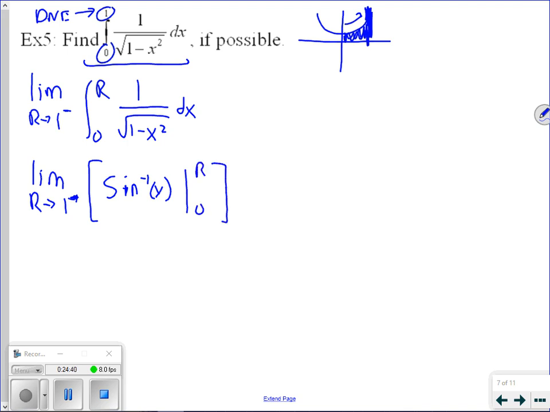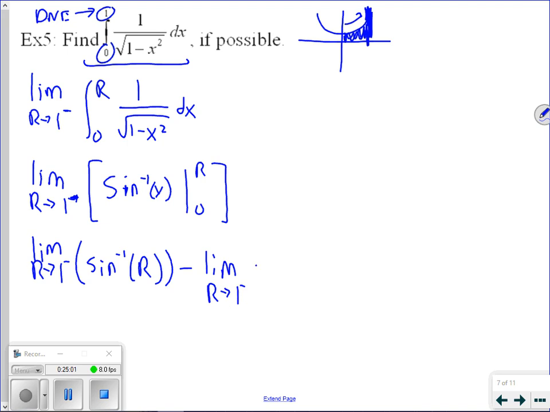So you're going to plug in r and subtract, plug in 0, and then take the limit of each of those. So I'm going to split this up as the limit of sine inverse of r minus the limit as r approaches 1 from the left of sine inverse of 0.